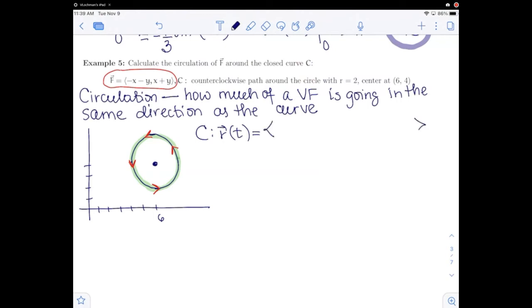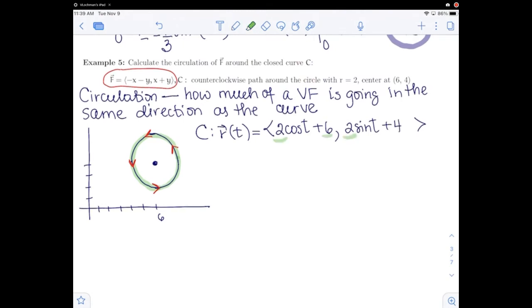Okay, let's see. What is it? It's going to be 2 cosine t plus 6. That's my x. And then for y, it's going to be 2 sine t plus 4. Okay, we've taken care of the radius, we've taken care of the center, we've also taken care of the orientation. This is important. Orientation matters, because how your vector field is behaving is going to be different if you orient this curve in a different direction.